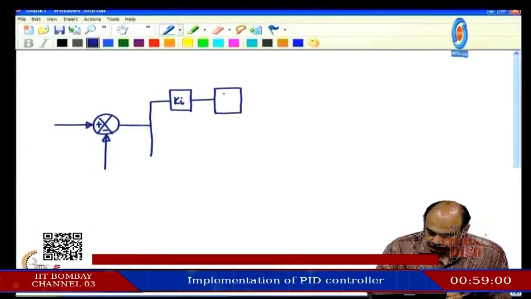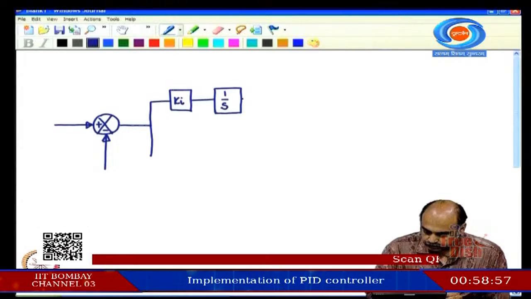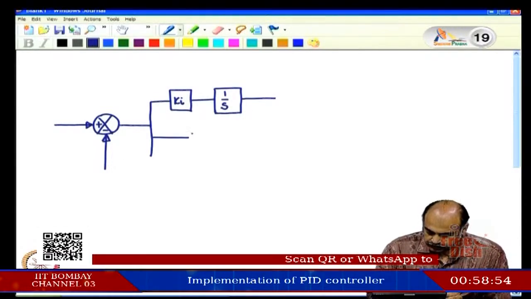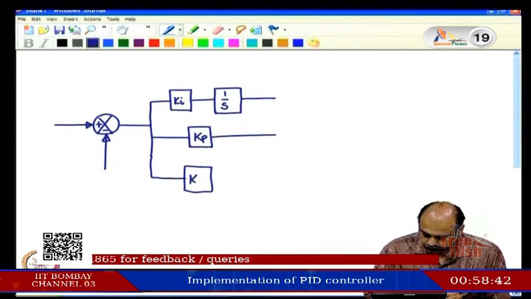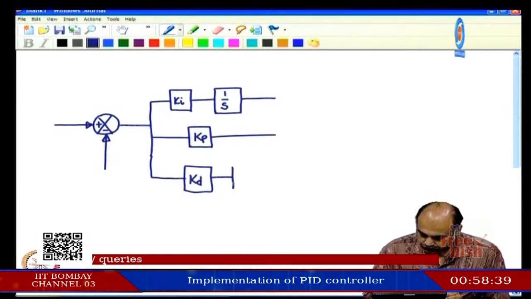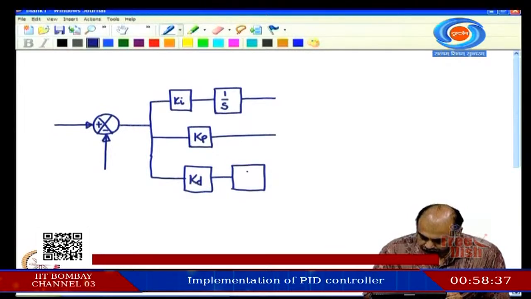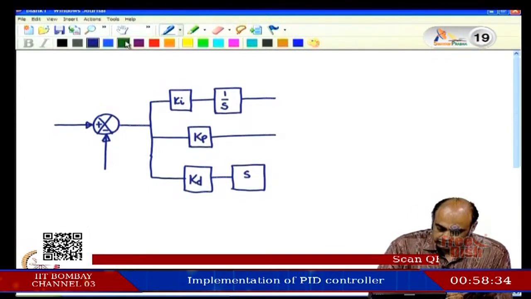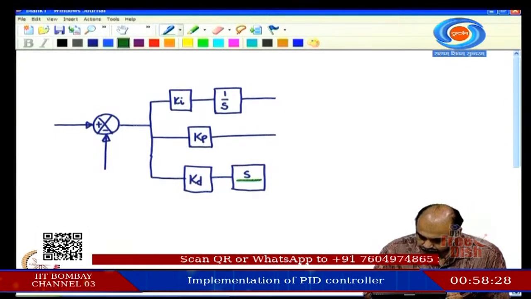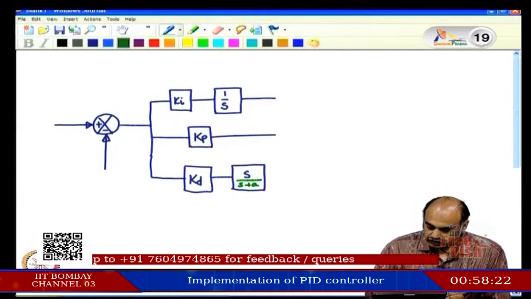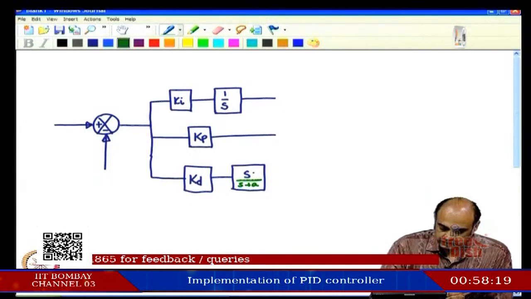The integrator, I am going to write it as 1 by S. You have the Kp portion, the proportional gain, and you have Kd, the scaling for the differentiator, and I am going to write the differentiator as S. And the denominator, I am going to write it dotted in another color as S plus A, implying that you cannot escape S plus A, even though S is the only thing that is required.